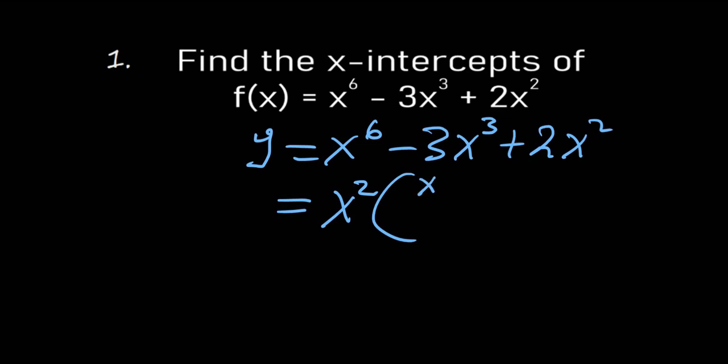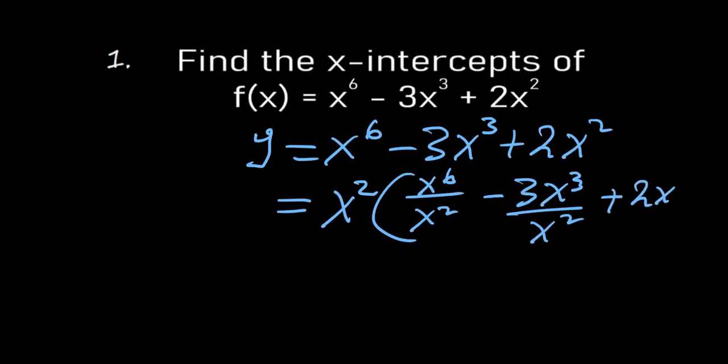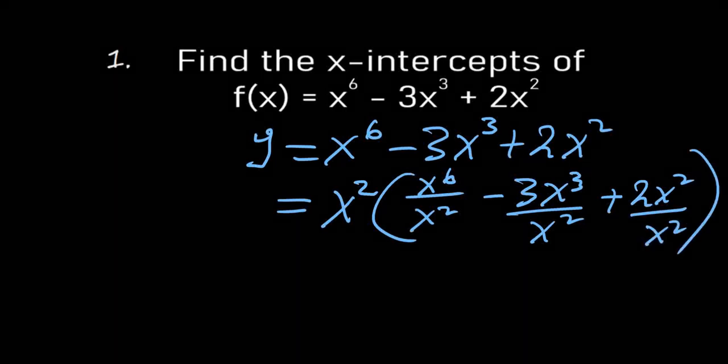And so this will become x to the sixth power divided by x squared, minus 3x cubed divided by x squared, plus 2x squared divided by x squared.